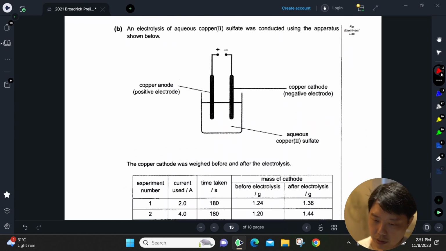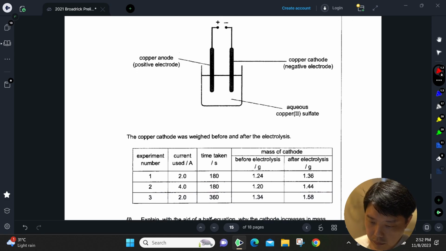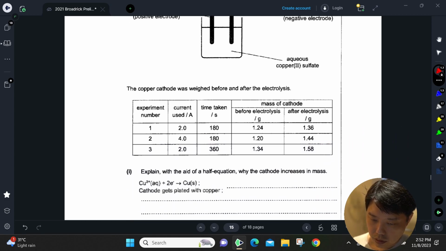Okay, for B, you have electrolysis of copper(II) sulfate. So they've given you this table with the current used, time taken, and the mass of the cathode before and after electrolysis. You can see that there is actually an increase of 0.12 grams.